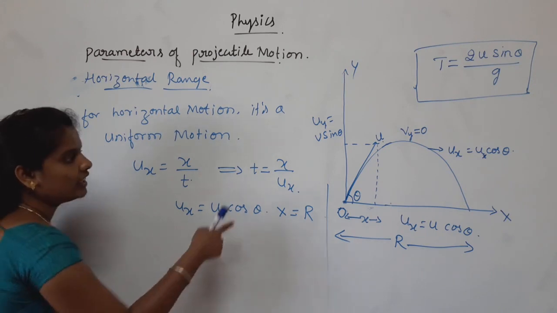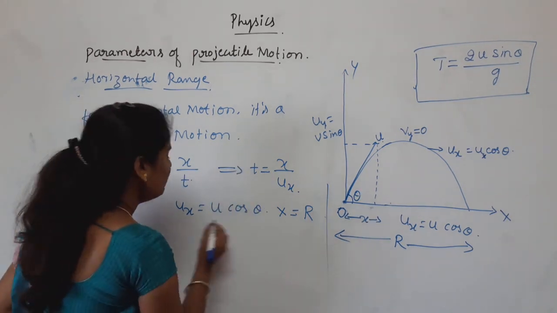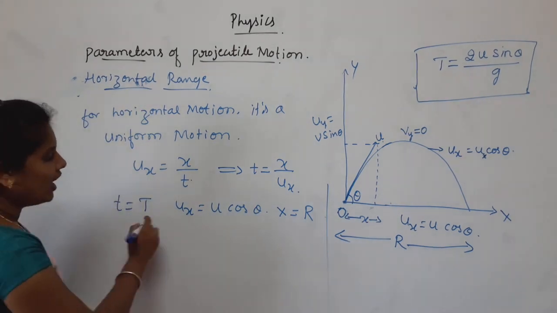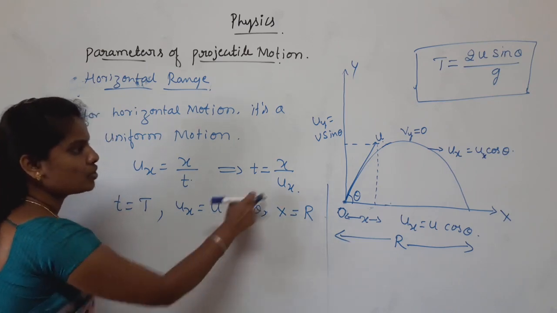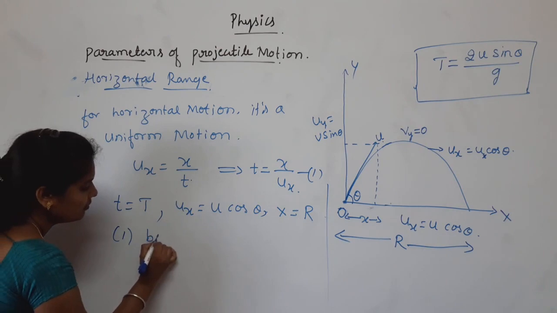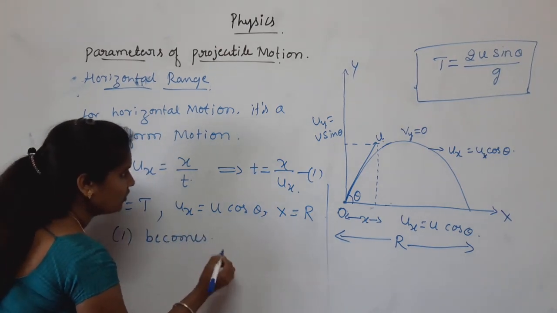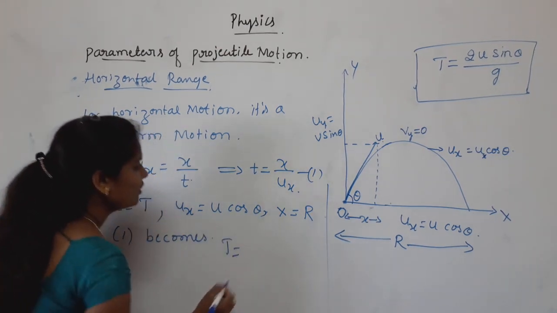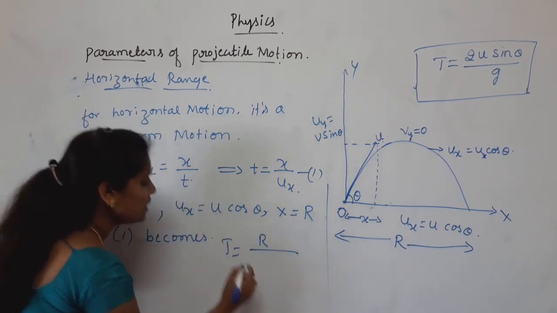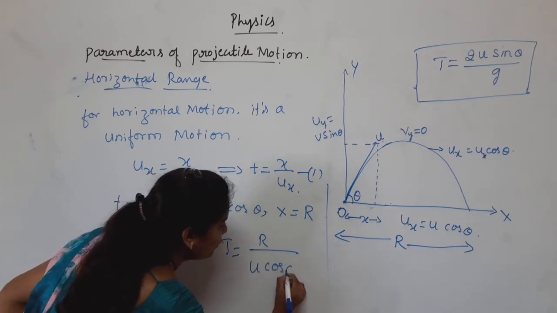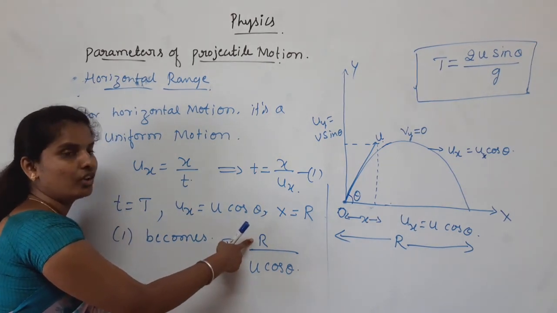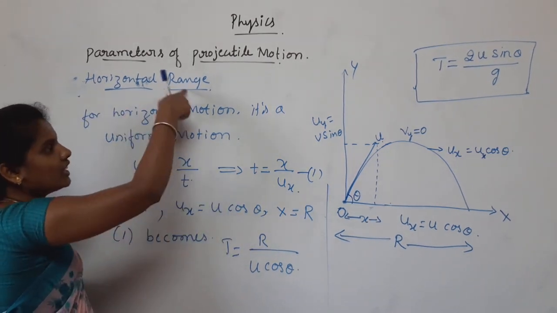We get t equals R divided by Ux, meaning U cos theta. Then we have to simplify for R because we need to calculate the horizontal range.